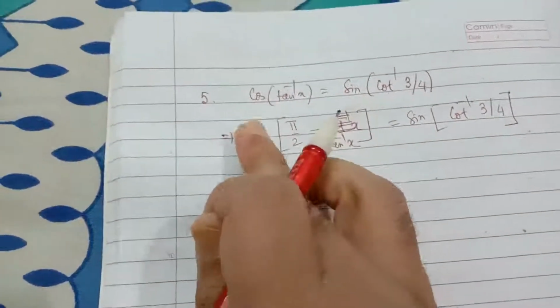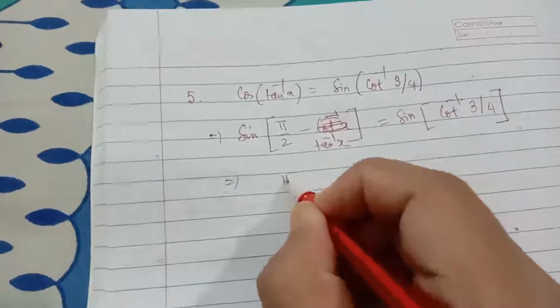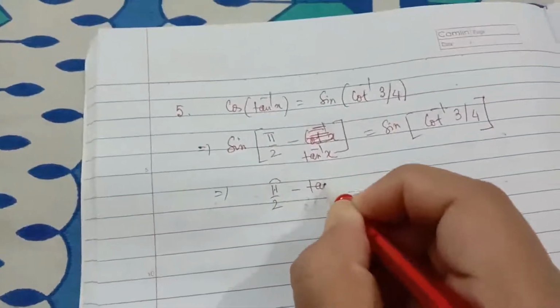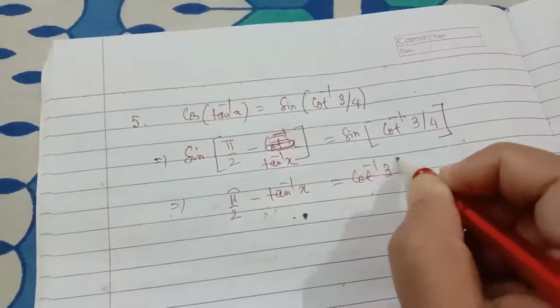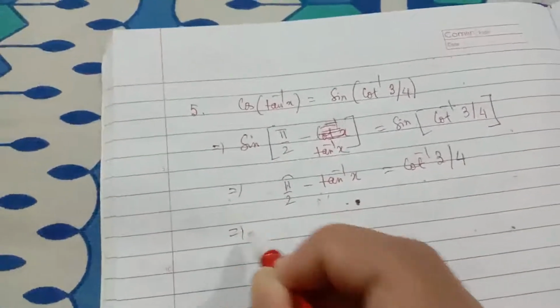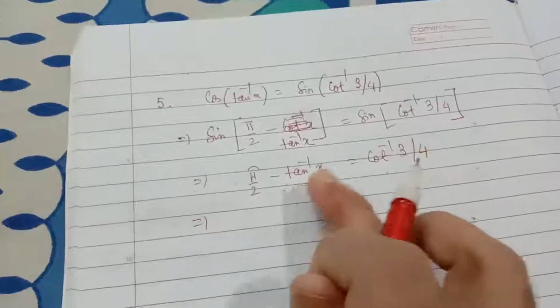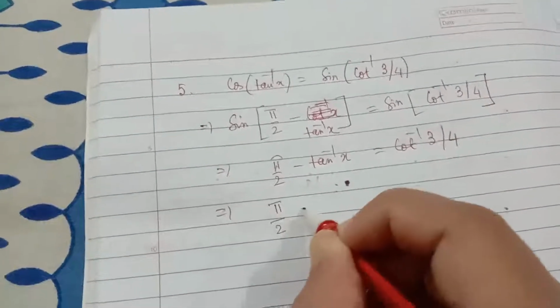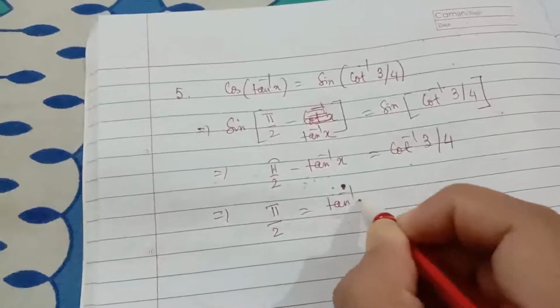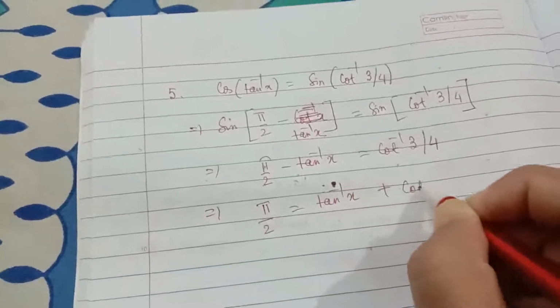Now equating the sine on both sides, we'll get pi by 2 minus tan inverse of x is equal to cot inverse of 3 by 4. Taking tan inverse of x to the right hand side, we'll get pi by 2 equal to tan inverse of x plus cot inverse of 3 by 4.